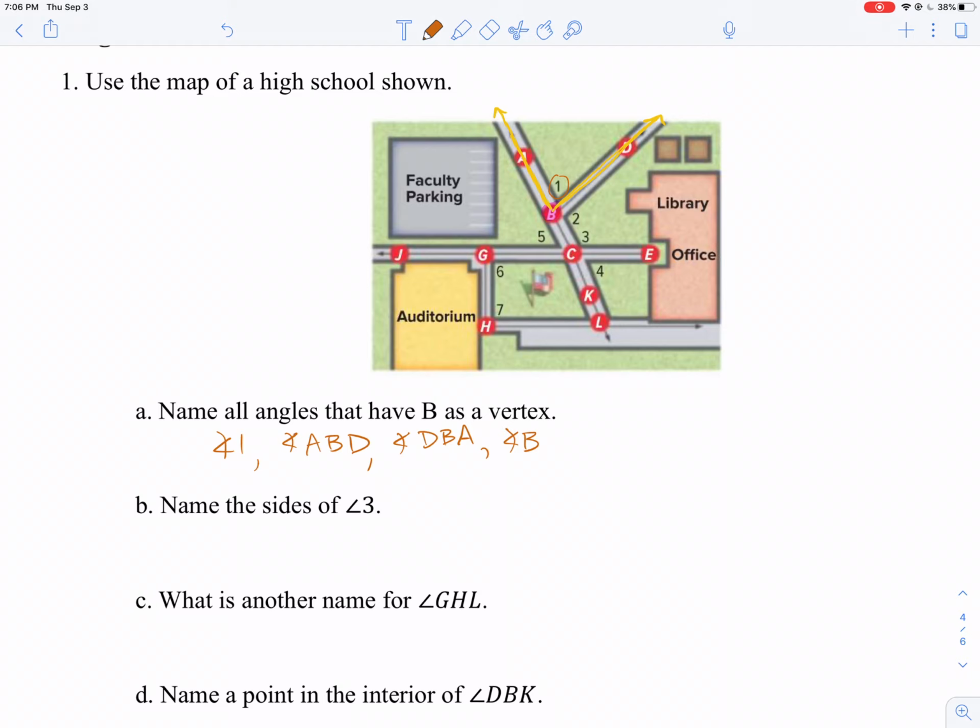Another way to do it, we also see the angle B for the vertex. We could also use this angle here, so there's lots of ways to do it because that's also a vertex. So we could say angle 2, angle DBC, angle DBK, so on and so forth. So there's lots of options.